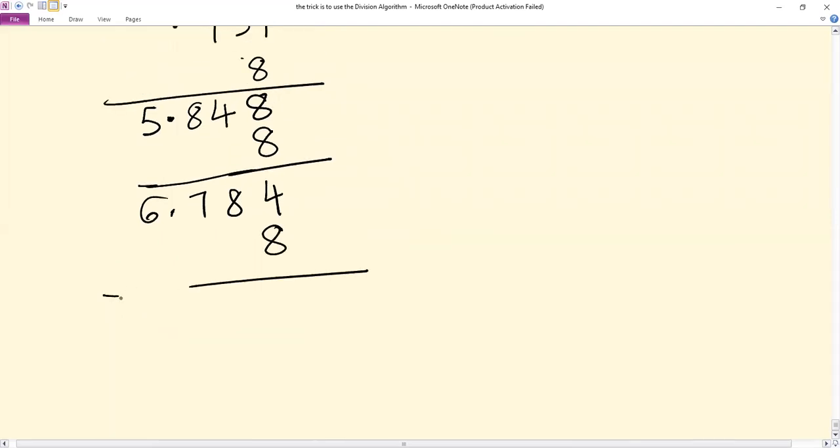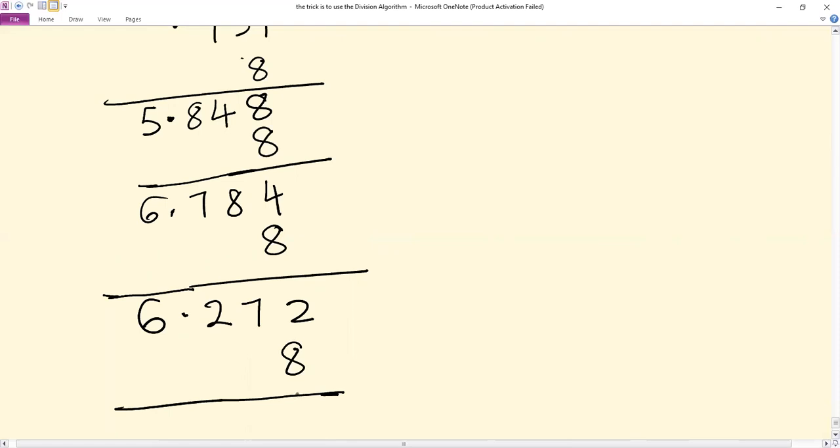But remember, we are multiplying 8 by 0.784, not 6.784. That will give us 6.272. Next, you multiply by 8, remembering that this 8 multiplies 0.272. The answer will be 2.176.